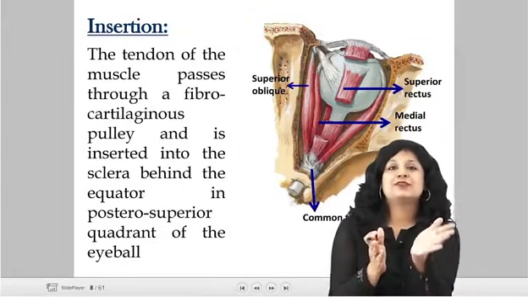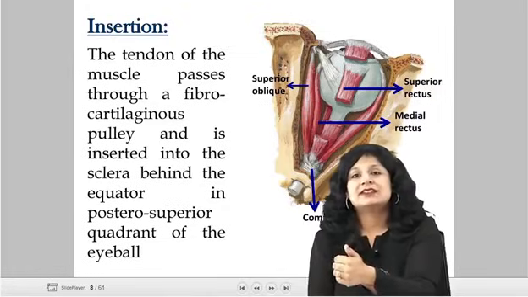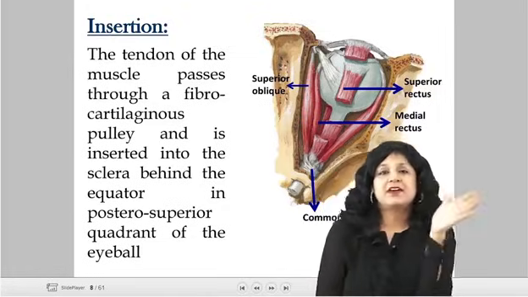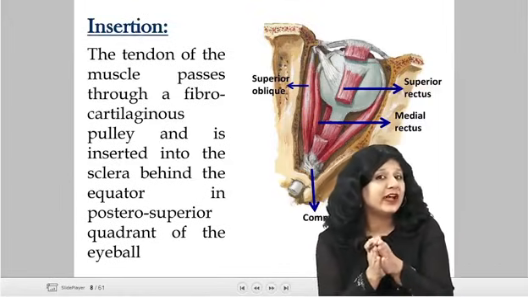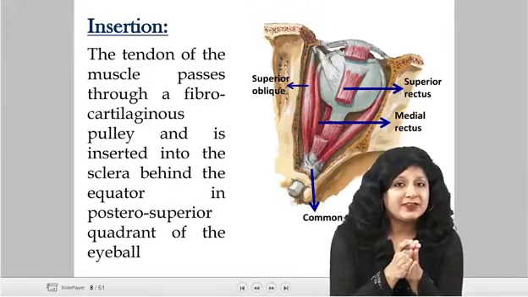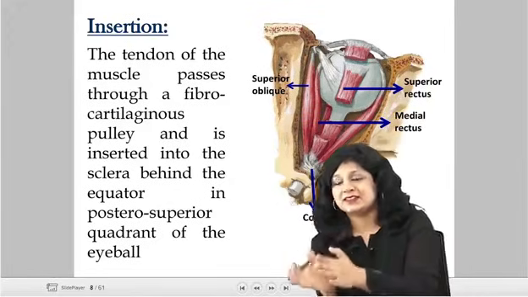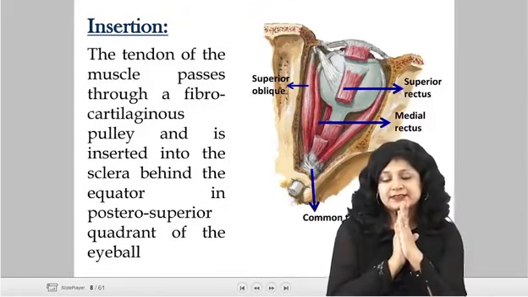Rectus muscles were inserted laterally, while the oblique muscles are inserted obliquely towards the medial side. They are on the lateral side, these are on the medial side, and that is why the maximum elevation and depression is done by rectus muscles in the abducted eye, while in the adducted eye it is the oblique muscles.